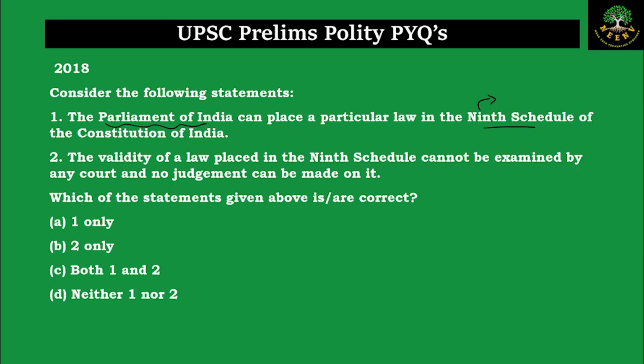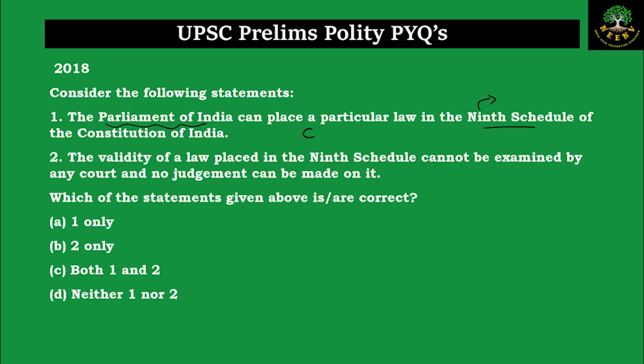It was added during the first amendment act, and there was a repeated question on this in some other year. I think it is in 2019, where the question asked who was the Prime Minister when the 9th schedule was added. So now statement 1 says, Parliament of India can place a particular law in the 9th schedule of the Constitution. Yes, the Parliament has the power to place a law in the 9th schedule. So this is correct.